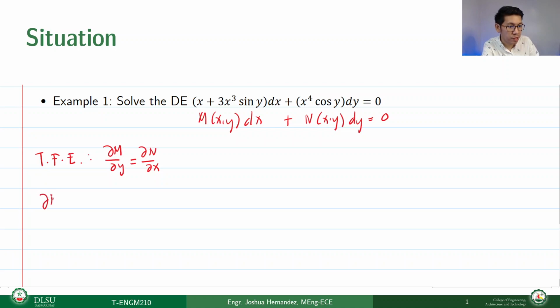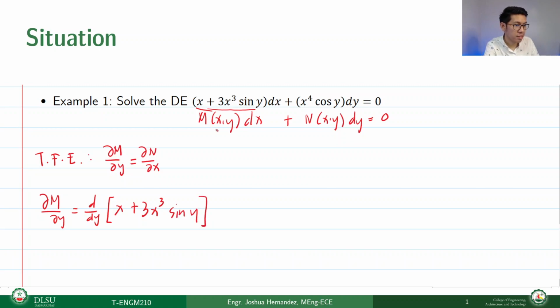Let's take the partial derivative of M with respect to y. That is, taking the derivative with respect to y of our M, in this case, this function: x plus 3x cubed sine y.